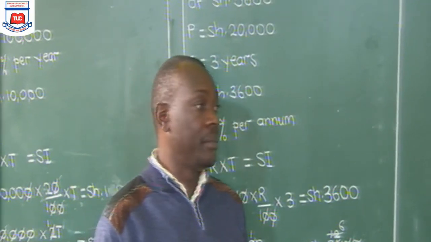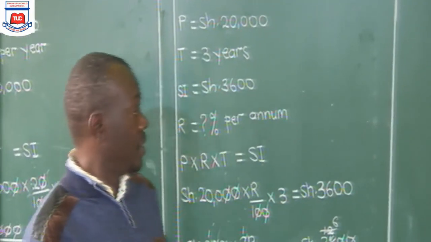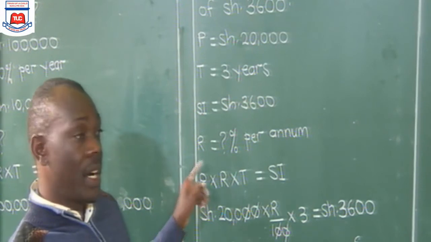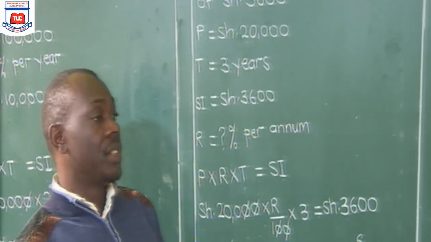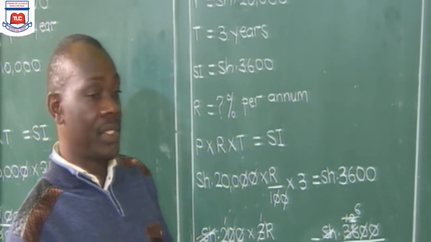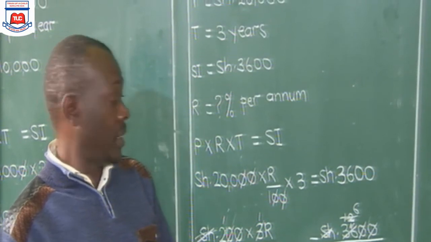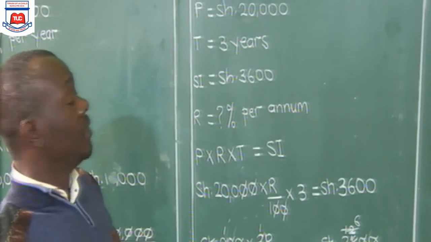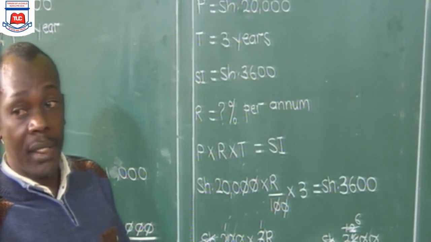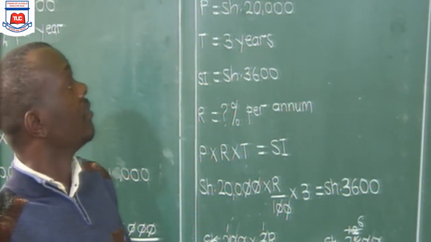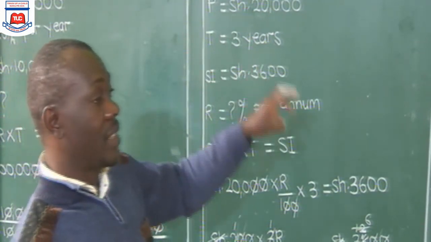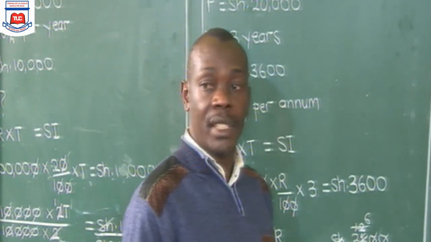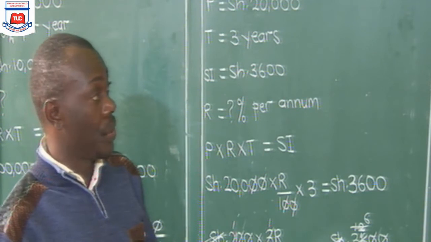How to find them. It should be noted that one must know how to find simple interest to find everything. So simple interest in summary is principal times rate times time, which is helpful in finding the other four, that is principal, rate, time, and total amount.